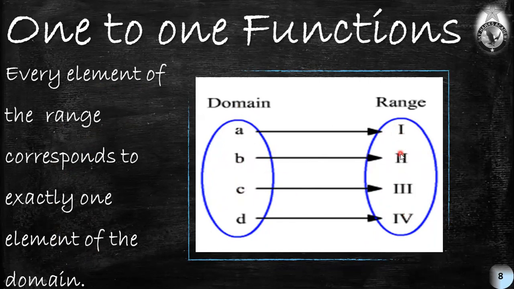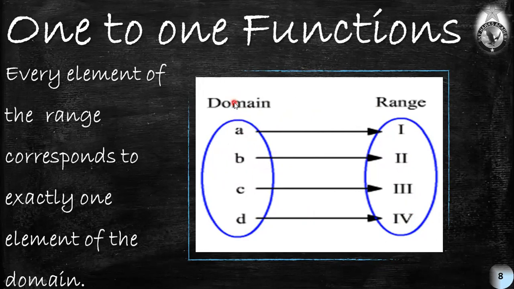The arrows are going from left to right. The set of all the elements on the left is called the domain, and the set on the right is the range. It's a one-to-one function because the domain is equal in size to the range.